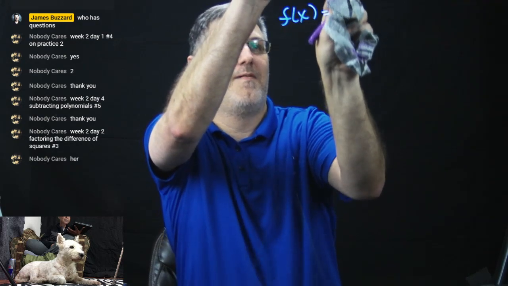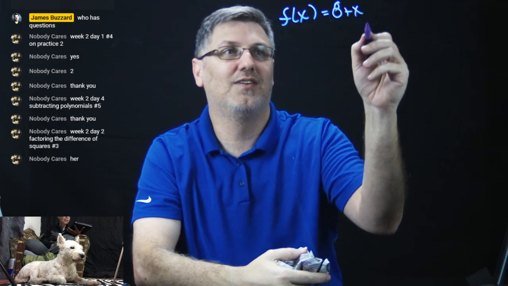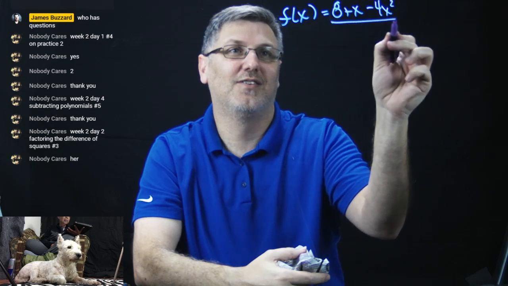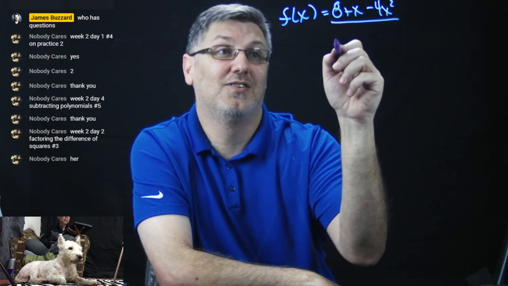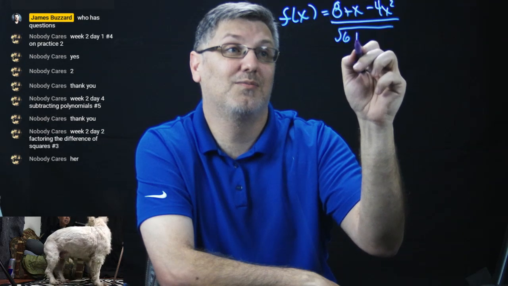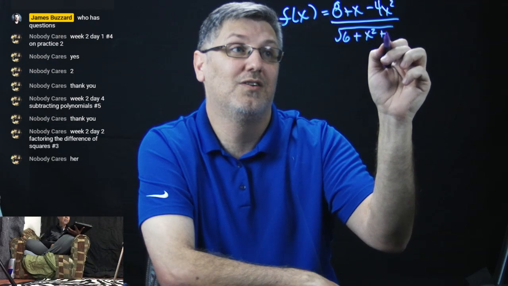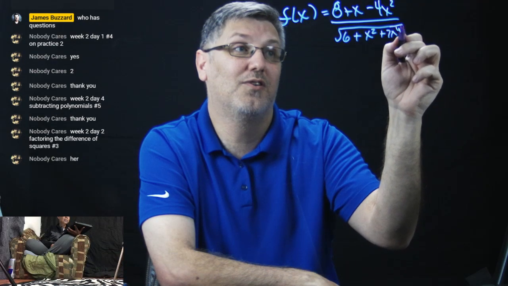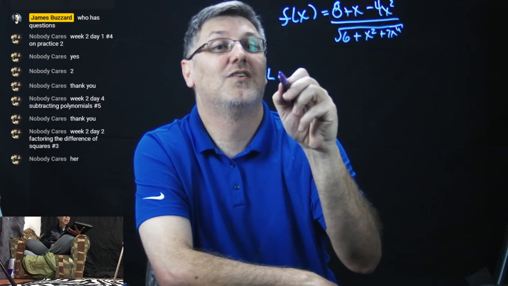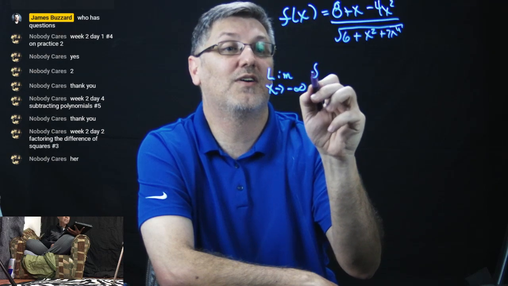I know, my bad. 8 plus x minus 4x squared, over the square root of 6 plus x squared plus 7x to the 4th. The limit as x approaches negative infinity of f of x.